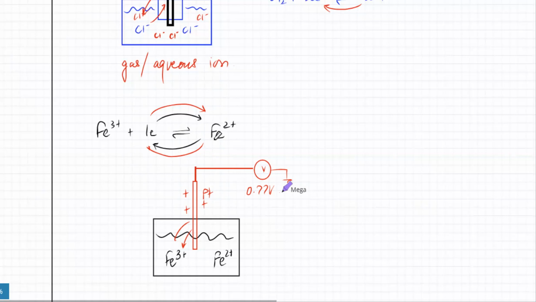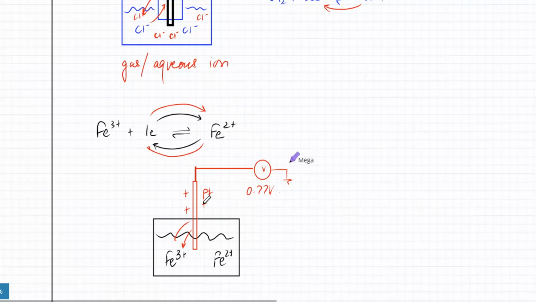So just remember this point, that when you are trying to investigate ions and figure out whether they like to gain electrons or lose electrons, you put both ions into the solution and you introduce a platinum electrode. Whatever happens, the potential builds up on the platinum electrode, which in this case is 0.77 volts. If you do the experiment, it's going to come out to be 0.77 volts.